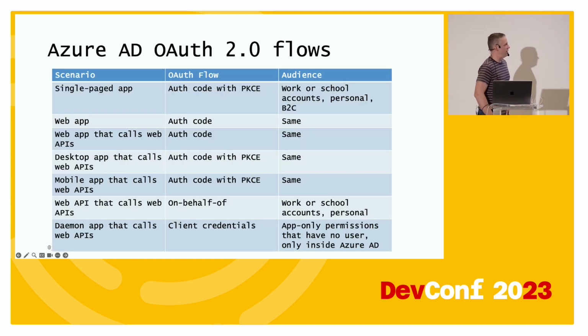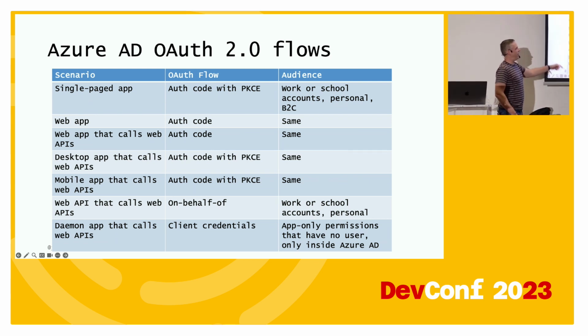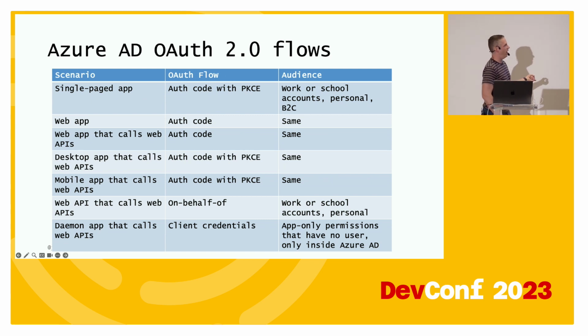So for us, we went through the process of just Googling, okay, how do you authenticate services in Azure? And Azure actually has not bad documentation on this. They had this nice little table that said, here are all the different kinds of scenarios that you'll run into, here are the different OAuth flows that you can use for that specific scenario, and here's also who it's going to work for.